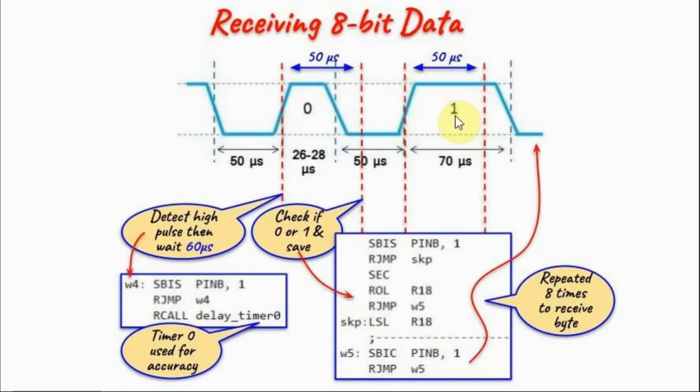Once the high pulse is detected, we need to determine whether it is a logic 0 or a logic 1, and then save the logic in a register. And we need to repeat this 8 times to cover the 8 bits of received data. The next slide will demonstrate how we determine the bit value and how we store it in a register.